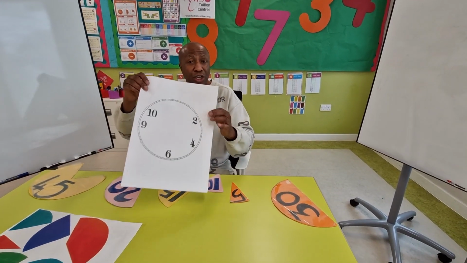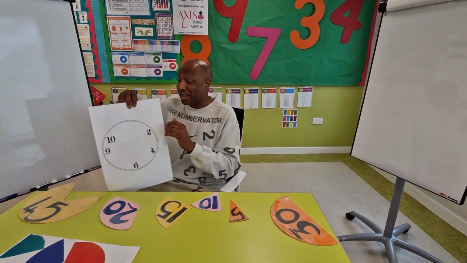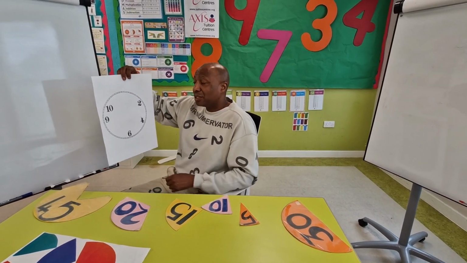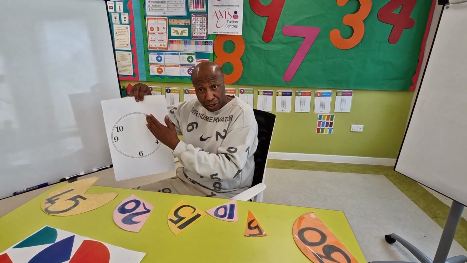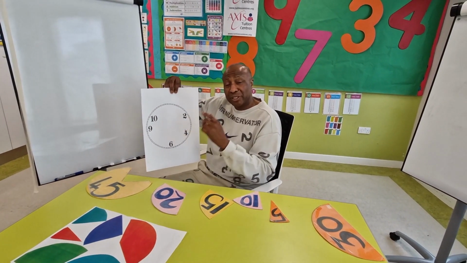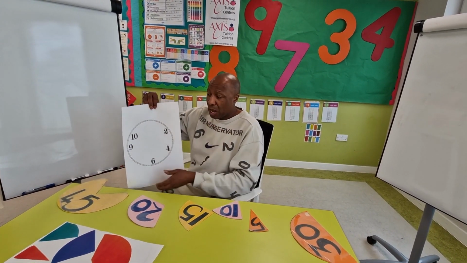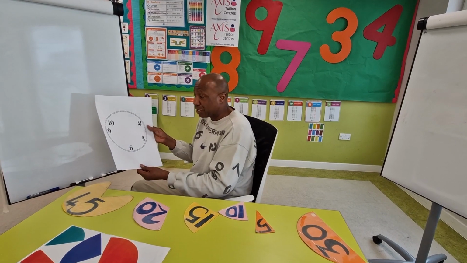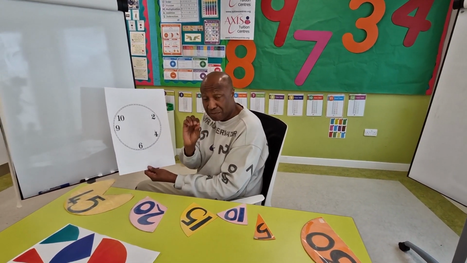I have got a clock face here, but as you can see, I have missed out some of my numbers. Now you can look at a normal clock and that can help you to place the missing numbers in the correct place. However, when you are writing your numbers, you have to be very careful to get them exact.